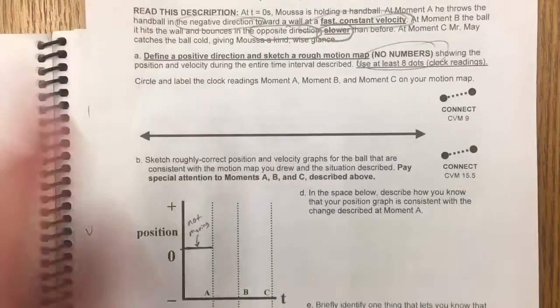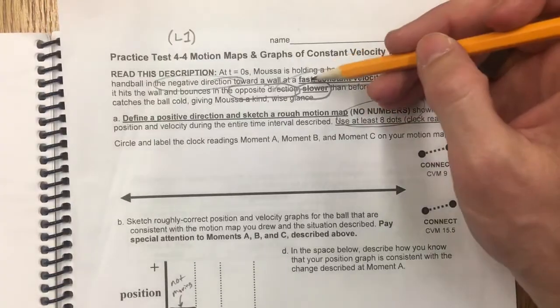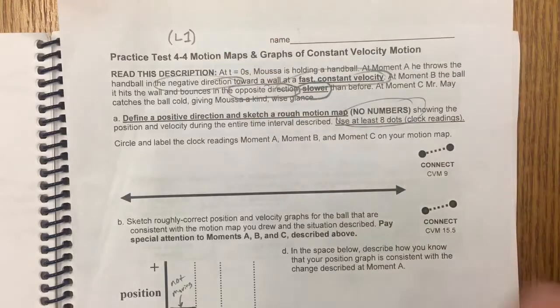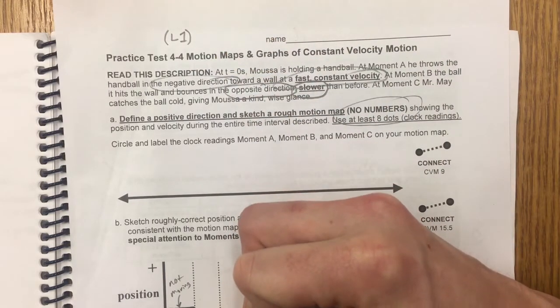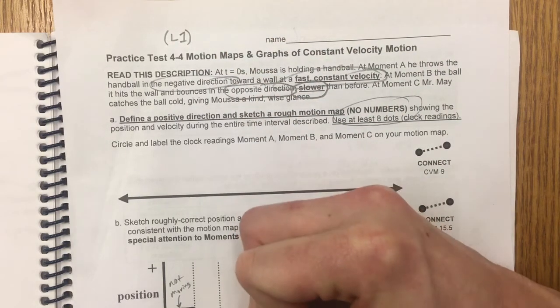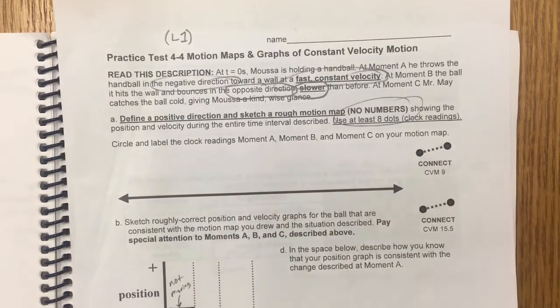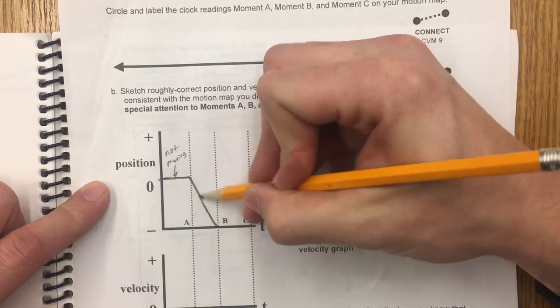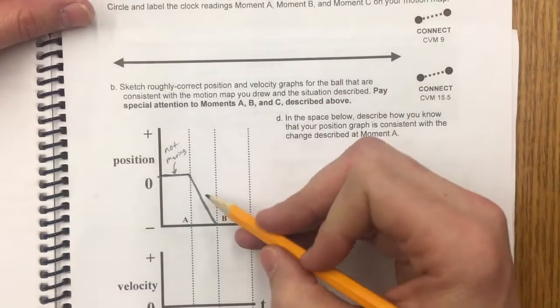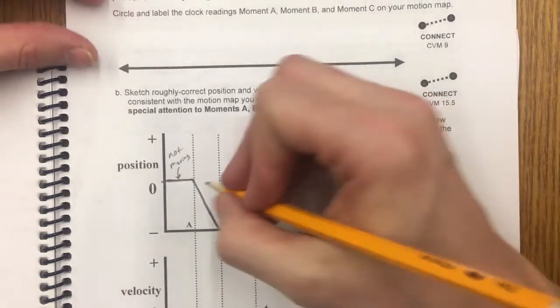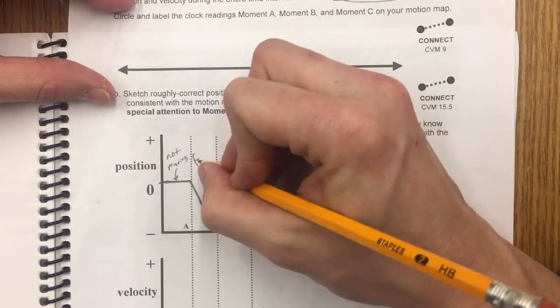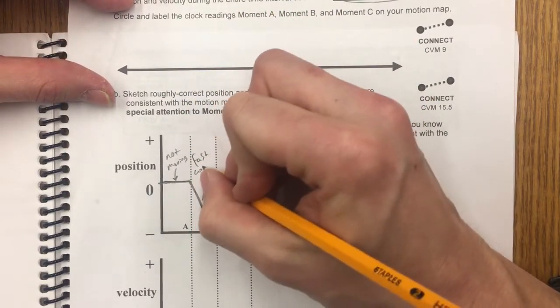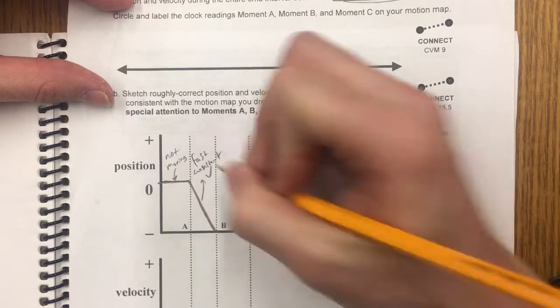So if I'm trying to show that this ball is moving at a fast constant velocity in the negative direction, I want to make this line as steep as I possibly can. Sorry, my bad, this is supposed to look like this. I'm sorry if you couldn't see that. This line is straight. It is a constant velocity, so I could call this a fast constant V.